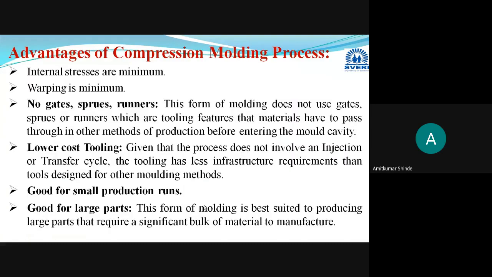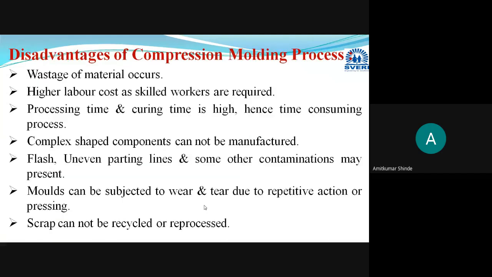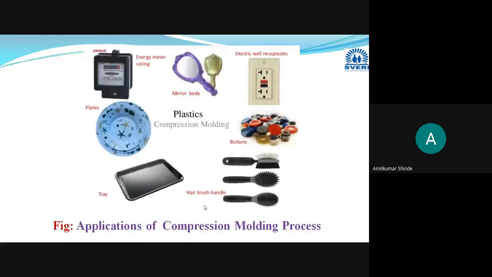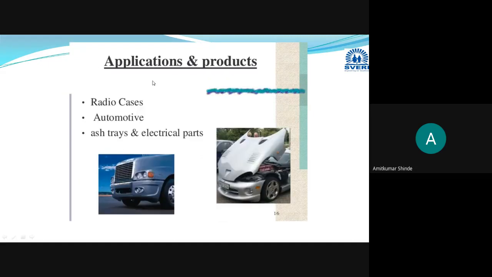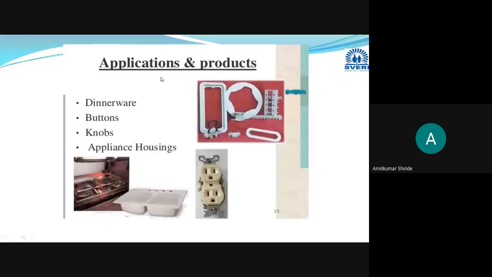Then advantages, disadvantages, and applications of the compression molding process. Applications include dinnerware sets consisting of plates, dishes, trays, then mirror bodies, buttons, knobs, energy meter casings, plastic dice, radio cases, and exterior automobile panels.